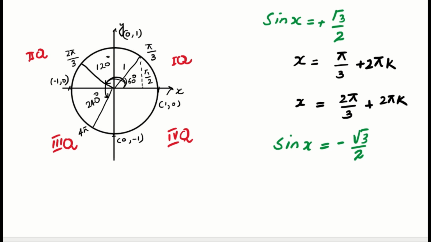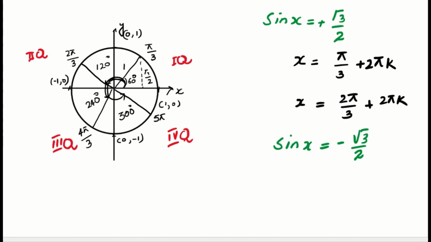Another angle in the fourth quadrant, for the negative value of sine, is 360 minus 60. This angle will be 300 degrees, and in radian, we can write it as 5 pi over 3.